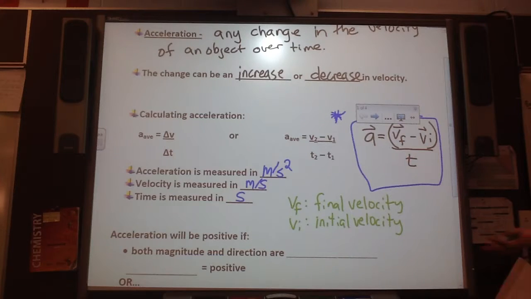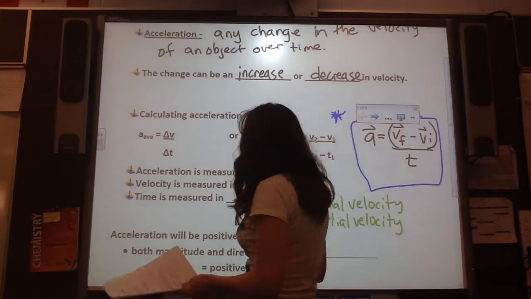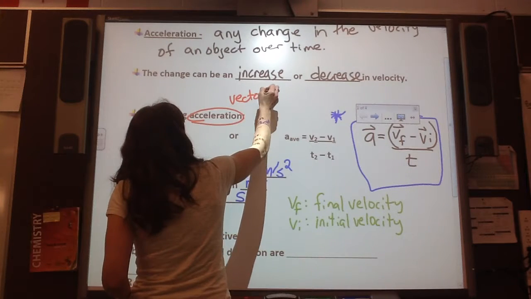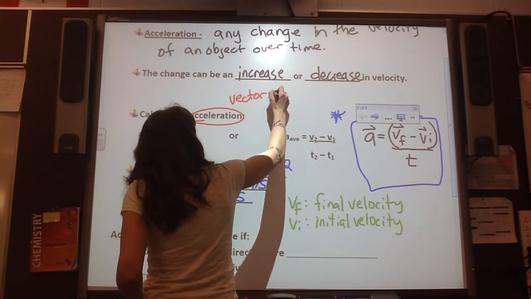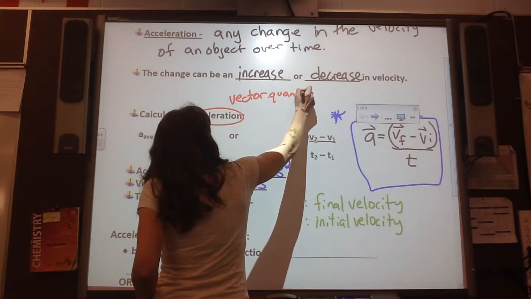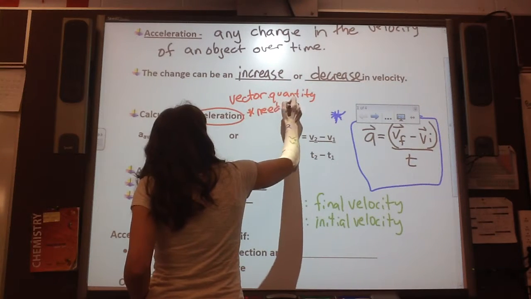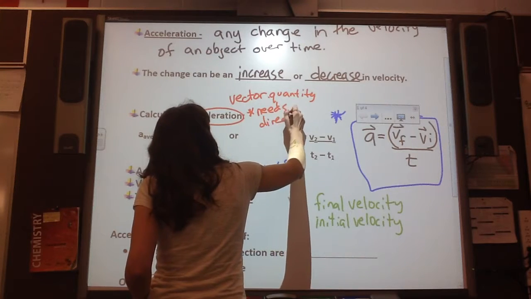Keep in mind, as you guys have said, acceleration is a vector quantity, so it needs direction included.